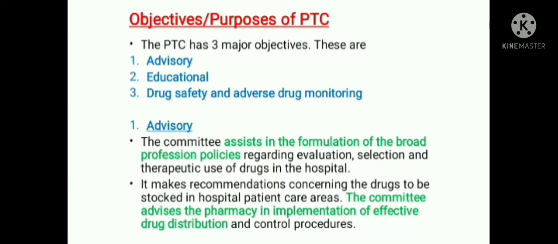The PTC assists in the formulation of professional policies regarding evaluation, selection, and therapeutic use of the drugs in the hospital. It makes recommendations regarding the drugs to be stocked in the hospital patient care areas. The committee advises the pharmacy in implementation of effective drug distribution and control procedures.